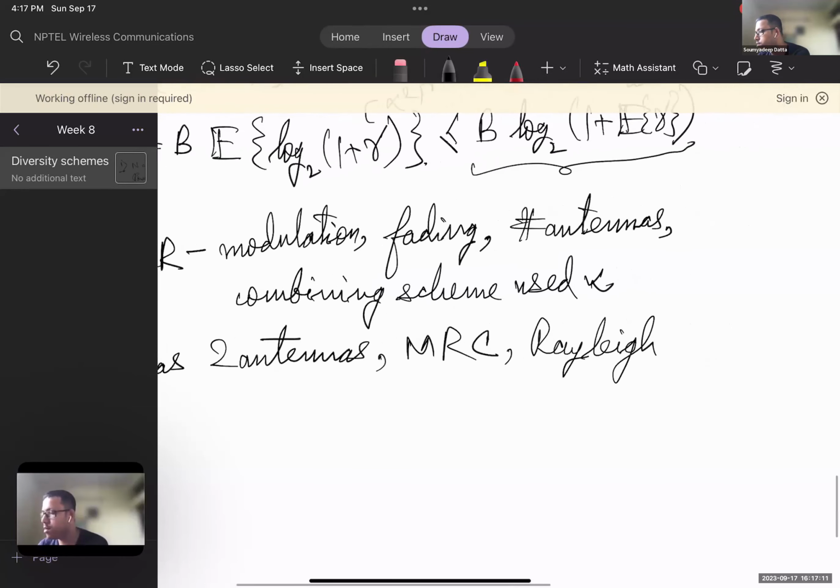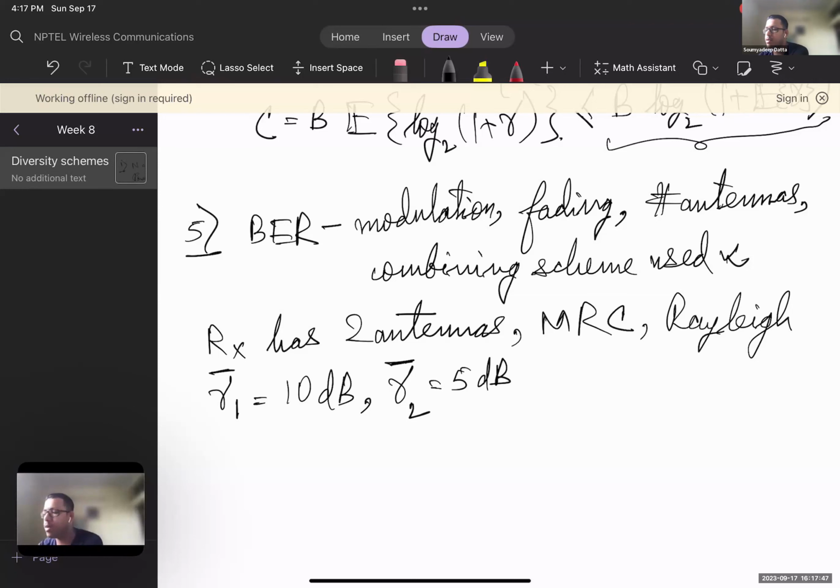And gamma 2 in the second antenna is 5 dB. I shouldn't write it like that; I can write it as average. So average received SNR in antenna 1 is 10 dB, average received SNR in antenna 2 is 5 dB.